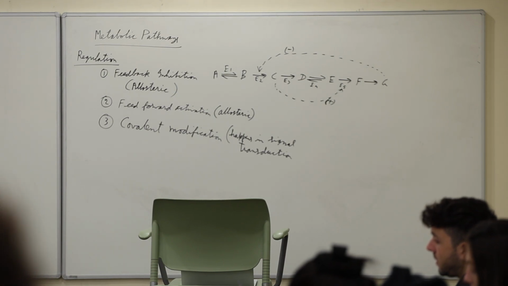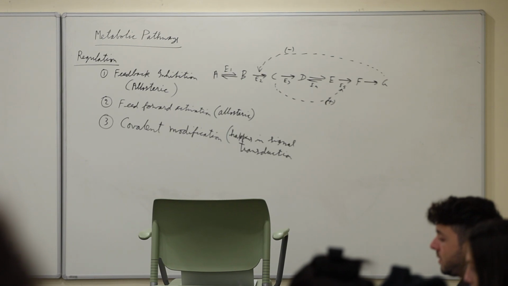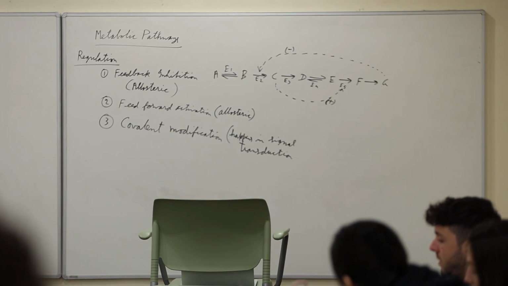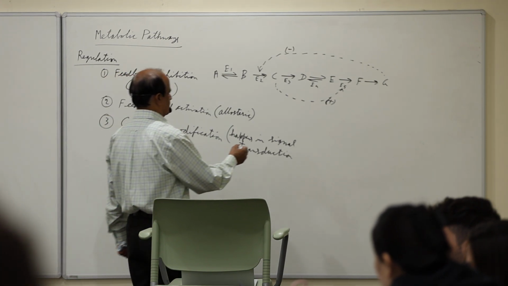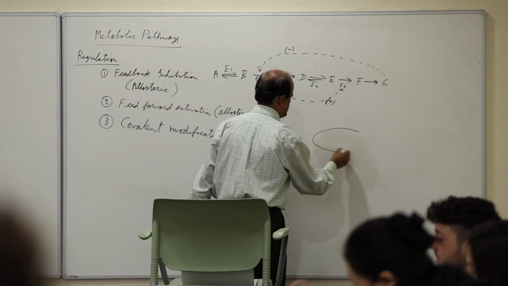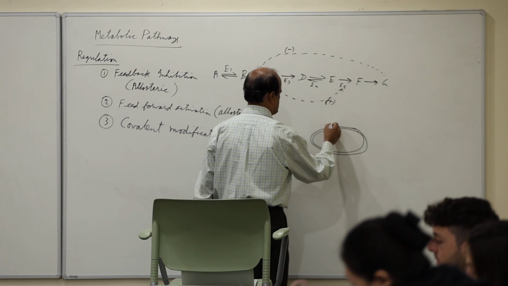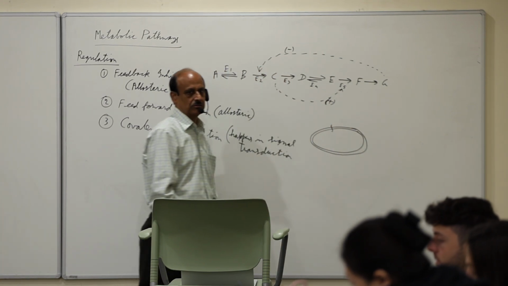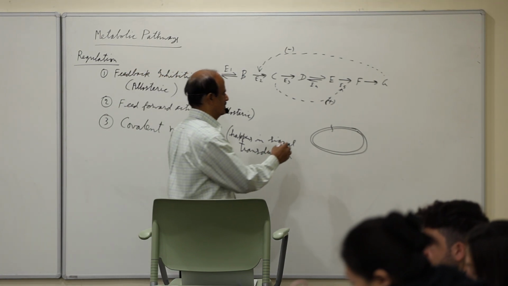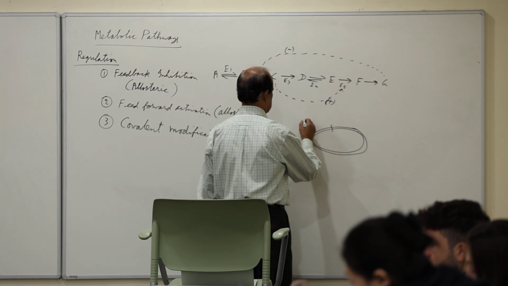For example, insulin. Insulin is too big to enter the cell, so it will bind to a receptor on the membrane. So here is your cell membrane, and let's say this is the insulin receptor.